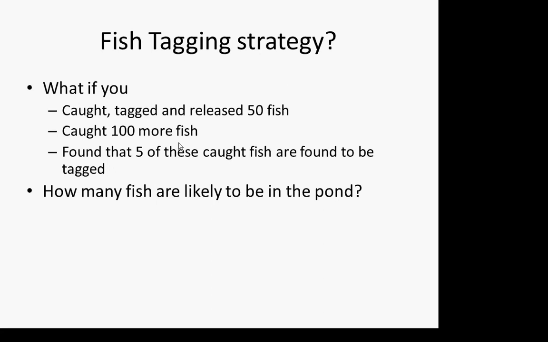Okay, so I'd have to talk to you to understand that, but let me put it this way. These 5 are 10% of these 50, right? This is 1/10 of the 50 that we found. So we went and we caught 100 fish, and we found that among those fish, we got 1/10 of the original number we tagged, right?